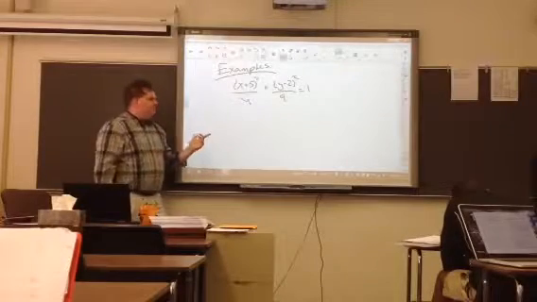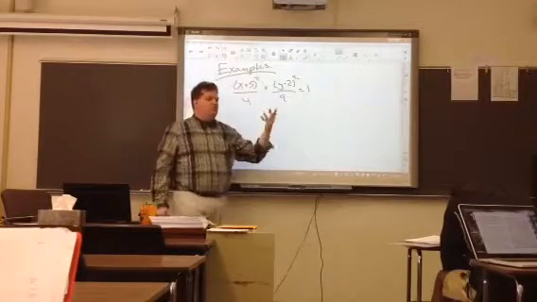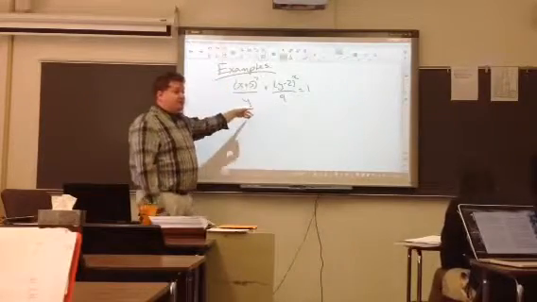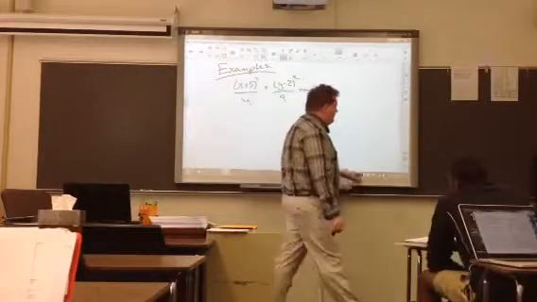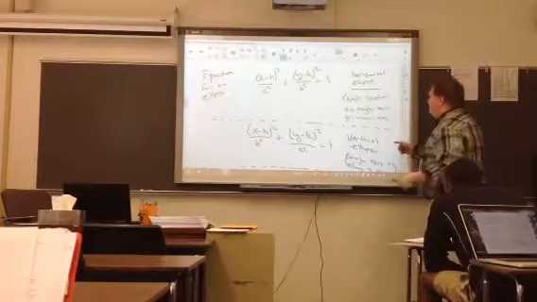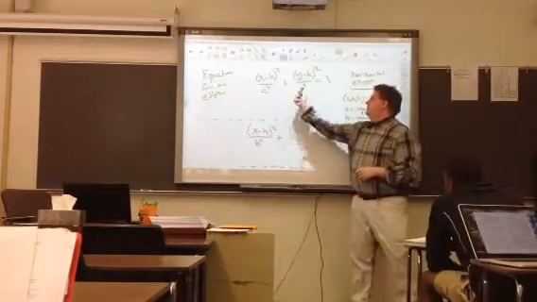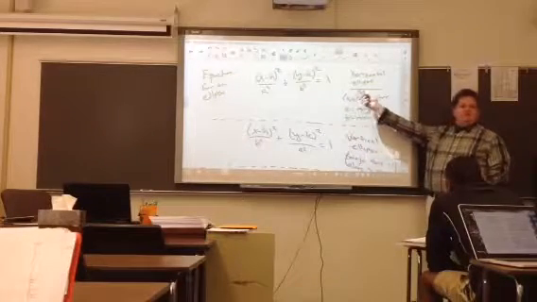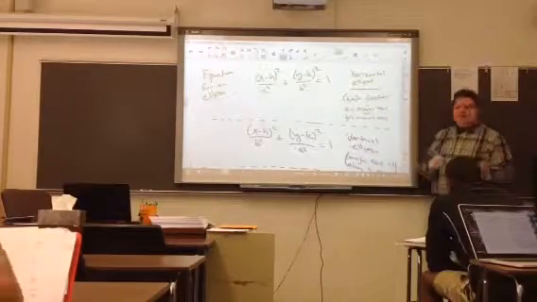It would be like one's 3 and one's 2. Wait, A and B are squared? Yeah, in this equation. They're squared in the equation, but the actual number you want is going to be the square root of that, basically. Okay.